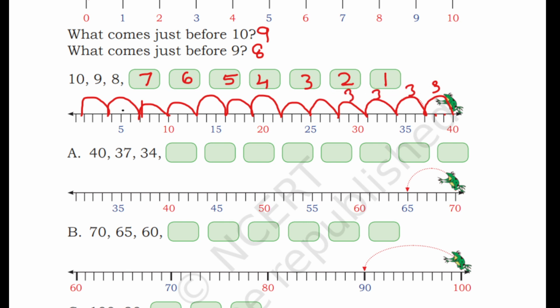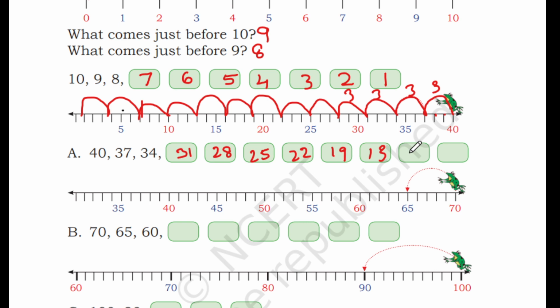So in one jump the frog is missing 3 numbers. Okay, so from 34 it's 31, 28, 25, 22, 19.